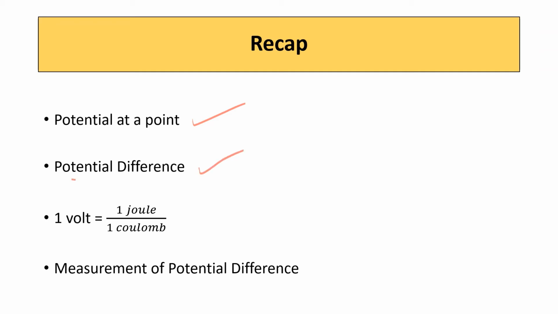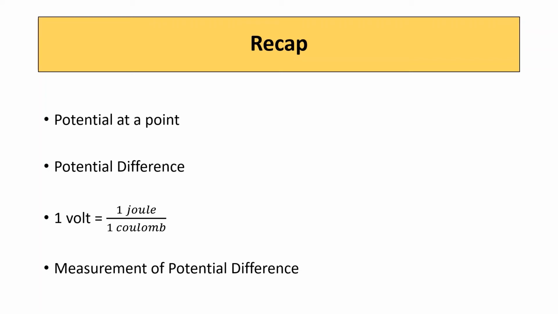Potential difference is measured in volts. Volt is the SI unit of potential difference. 1 volt is equal to 1 joule divided by 1 coulomb. And how do you measure this potential difference? You can use the instrument called a voltmeter. Remember, the voltmeter is always connected in parallel in a circuit.